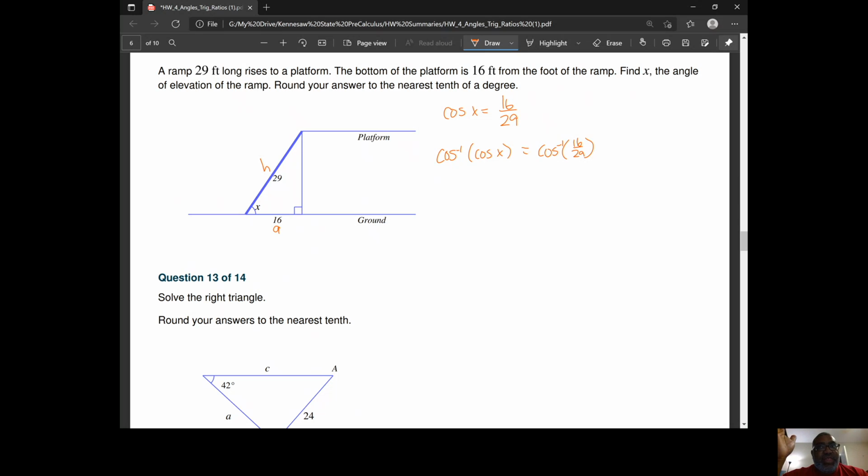You don't have to worry about thinking that it is the multiplicative inverse and not the inverse of the function. Cosine and arc cosine cancel each other out. So we have our angle is equal to the arc cosine, or cosine inverse, of 16 over 29. Put that in the calculator, and it gives me my angle measure, which is 56.5 degrees.